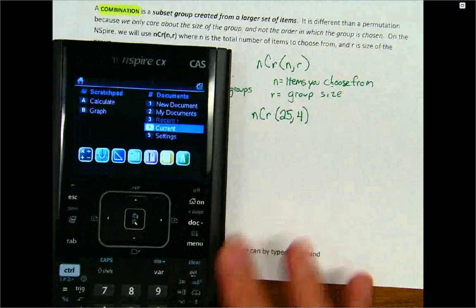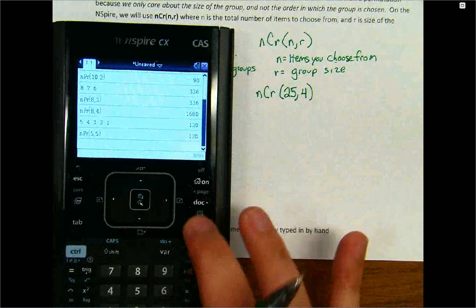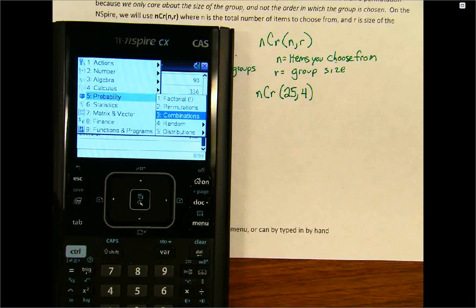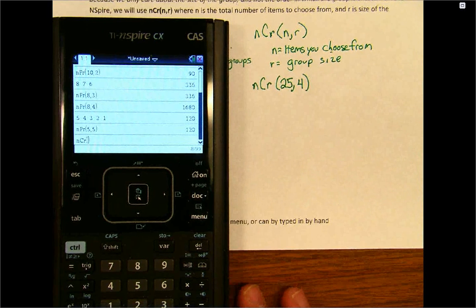So menu, you'd go to probability, go down to combinations, and then you get your nCr, which is different than the nPr. The nPr is putting people into different specific places, and nCr is just making a group.